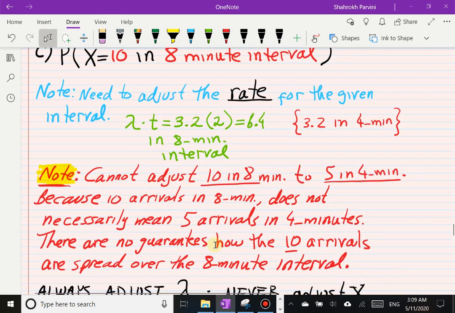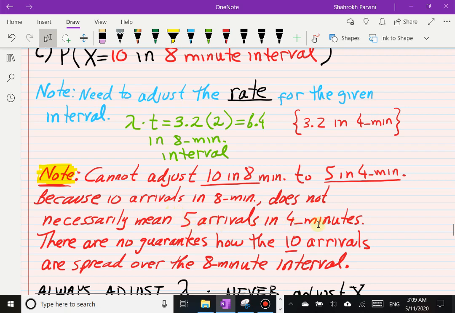Now, here's the reason why you cannot adjust 10 in 8 minutes to 5 in 4 minutes, and then use that as your lambda. You cannot use lambda 5. Because these 10 arrivals in 8 minutes don't imply that there will be 5 arrivals in 4 minutes.